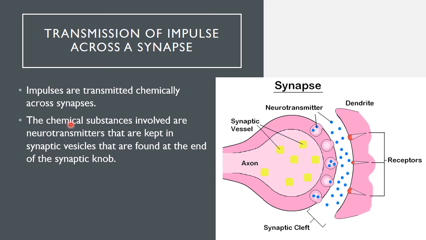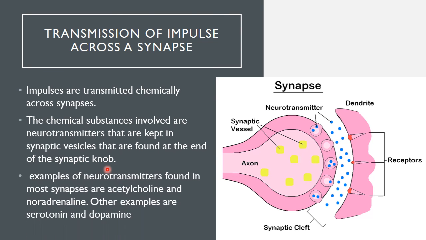Please remember this. And the chemical substances that are involved are called neurotransmitters, that are kept in synaptic vesicles that are found at the end of the synaptic node. Examples of neurotransmitters are acetylcholine, noradrenaline, serotonin, and dopamine.